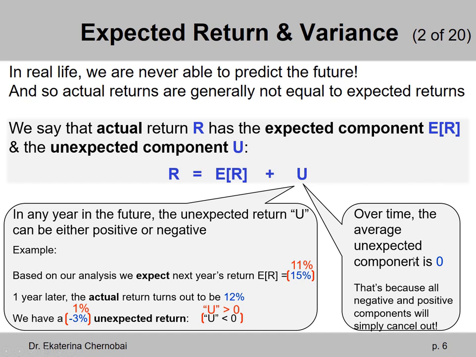We are always reasonable in making our predictions about what we think will happen in the future in terms of how high of a return we may earn. But sometimes we will be underestimating, sometimes we will be overestimating. And on average, we will sort of break even. On average, our error will be 0. And that's because all negative and positive components of the actual return will basically cancel each other out.